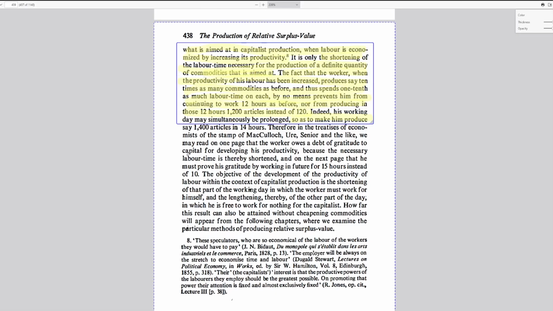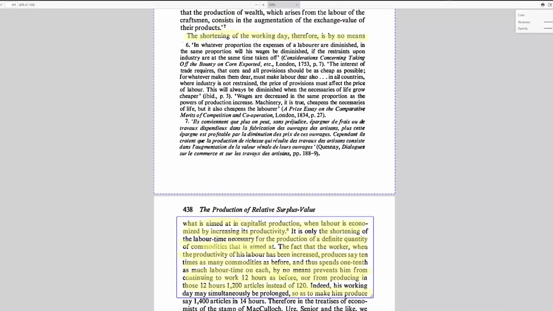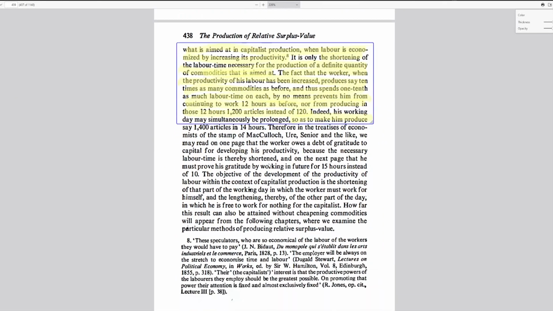Because that graph is just a direct consequence of this little spiel right here. No matter how much productivity increases, unless capitalists are being forced to raise wages in response to increasing productivity, which is pretty rare and would almost certainly require state intervention, it just doesn't happen that much.